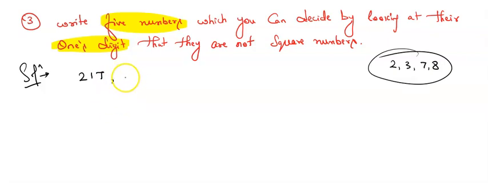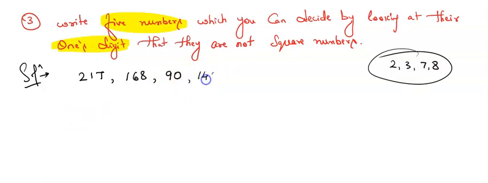Any other number? 168, right? And you can take 90 also, as you can see here, 90. So what about this 0? See, odd 0, this is called odd 0. 90, that is, odd digit 0 is also not a perfect square. So 90 is also not a perfect square number.